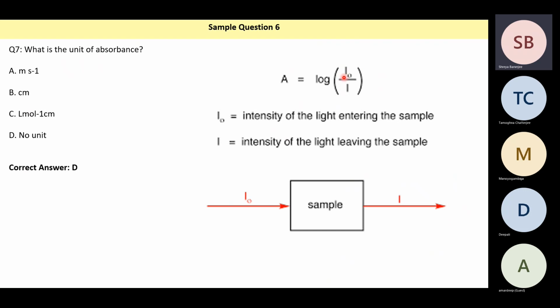So since it is a ratio of intensities, the units of intensity will cancel out and absorbance will have no unit. So the correct answer is D.